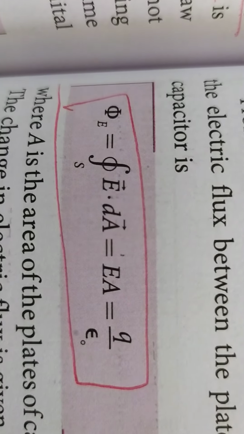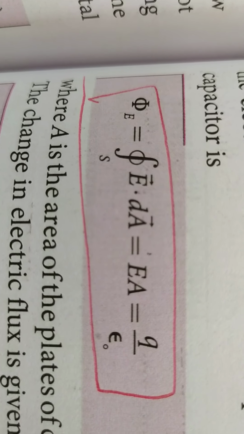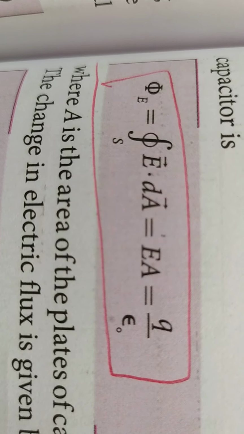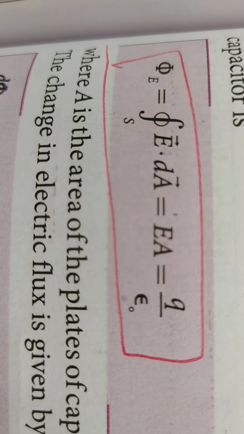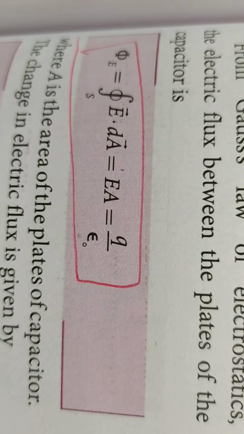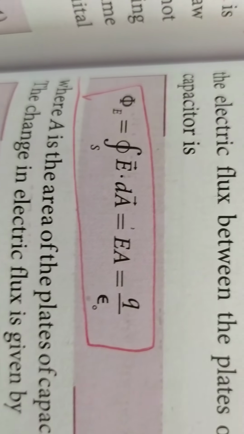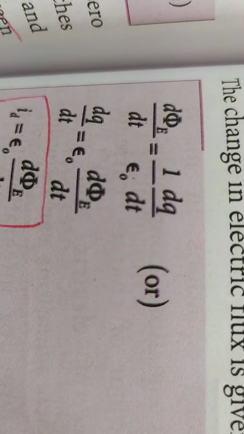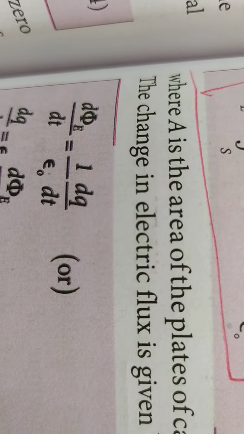So when you see the equation, phi E is equal to integration over surface area E vector dot dA vector, and this is the dot product. After integrating and applying theta 0, you will get EA, which is equal to Q by epsilon naught. This is according to Gauss law, which you have studied in the first chapter. And so when you differentiate this equation, d phi E by dt is equal to 1 by epsilon naught dq by dt, because epsilon naught is a constant, so it is taken outside.